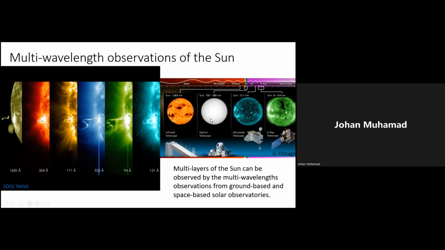We have many observatories, ground-based and also space-based telescopes, and we can see the sun quite detailed now because we have very high resolution solar telescopes, and we can observe the sun almost 24 hours a day from the space-based observatories. And yeah, you can see that if we observe the sun with different wavelengths, then we can see different features of the sun or different layers of the sun.